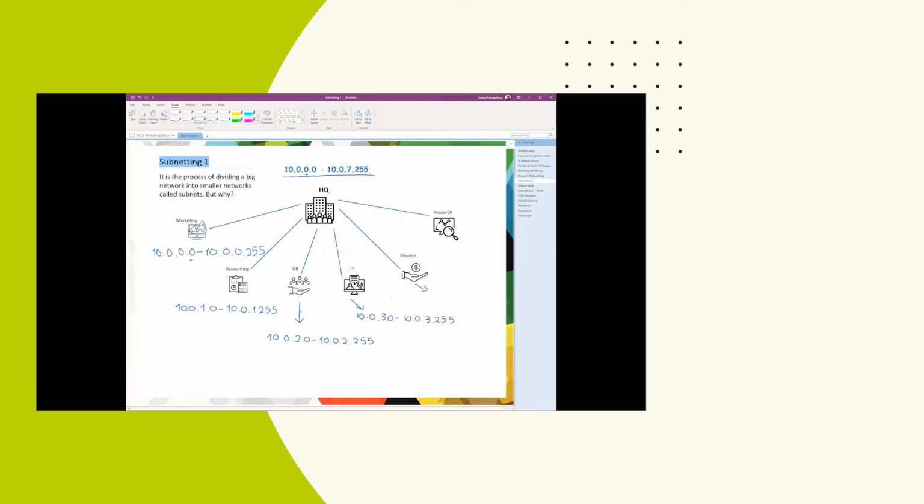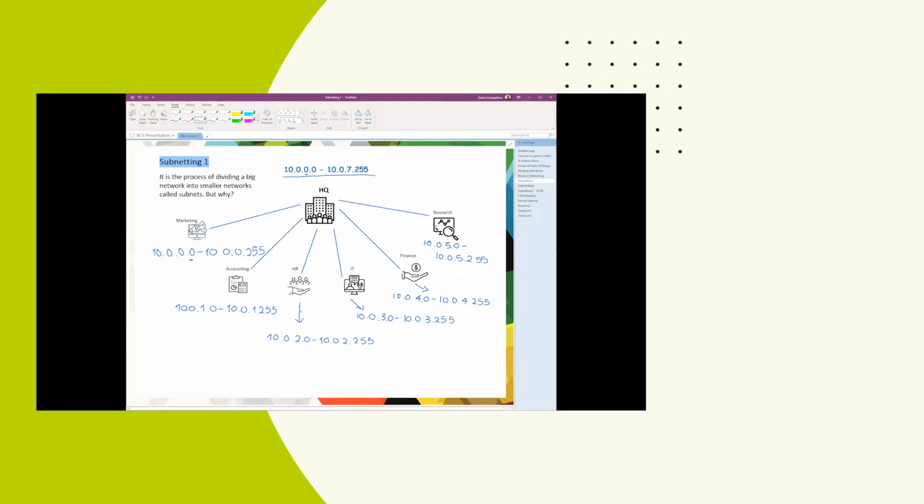So it's going to be 10.0.4.0 up to 10.0.4.255. And this one is going to be the 5 range. So 10.0.5.0 up to 10.0.5.255.